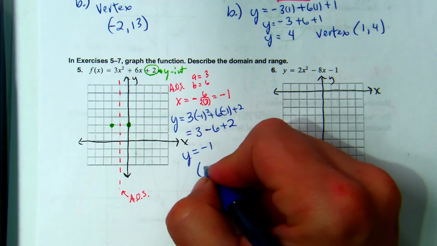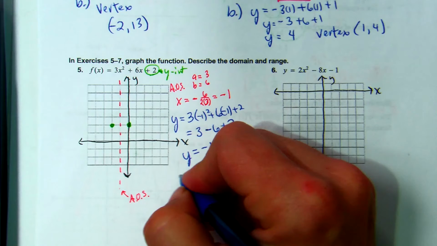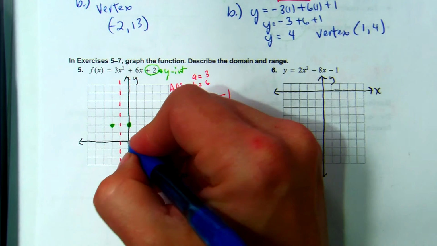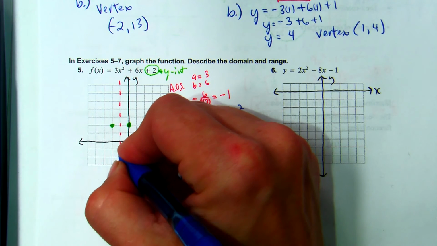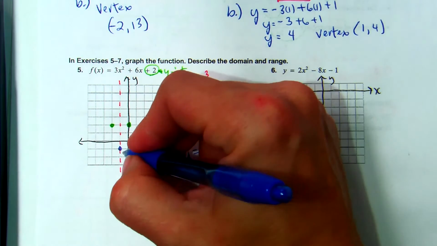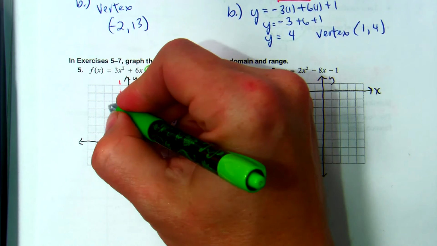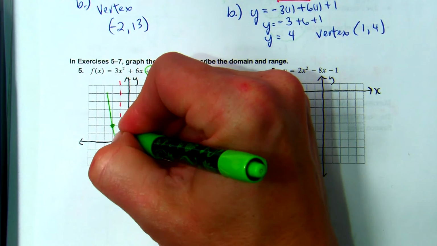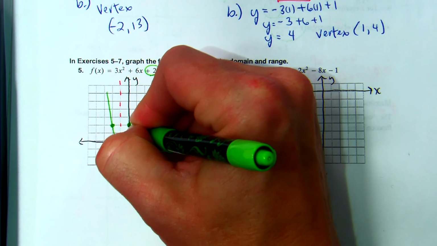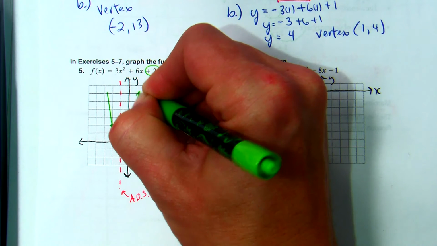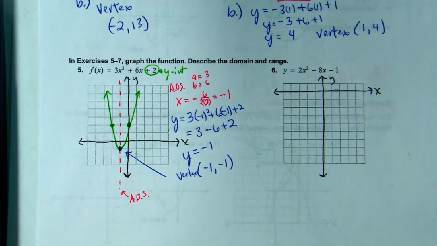Our vertex is at (-1, -1). So I'll plot that point. That is my vertex. And I can draw the graph now, knowing that it's going to go up somewhere in here, come through the vertex there, go back through that point, and then look something similar to that. Okay? So that's the graph of number 5.